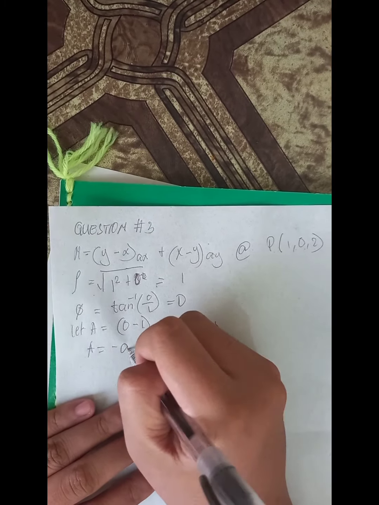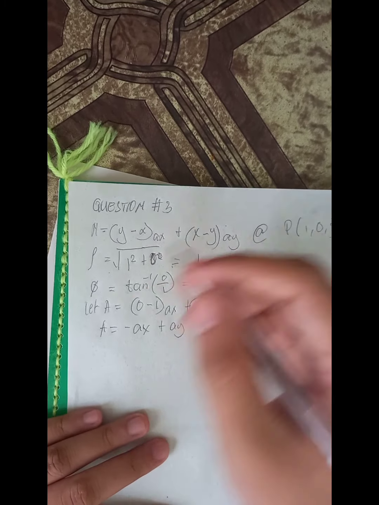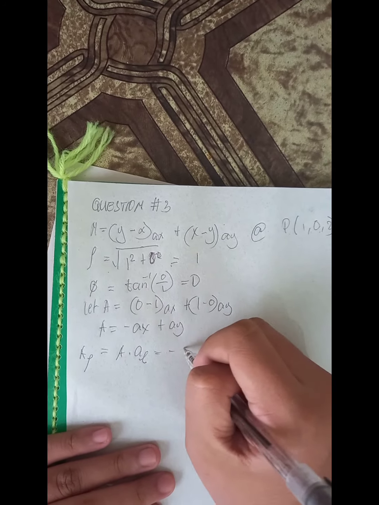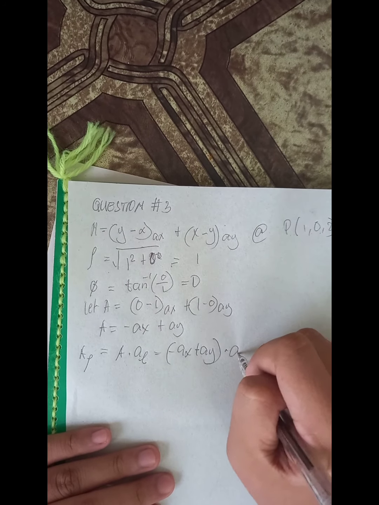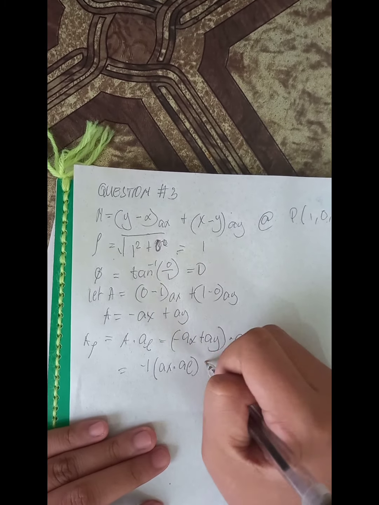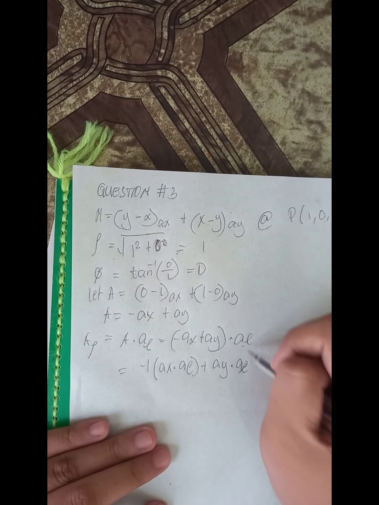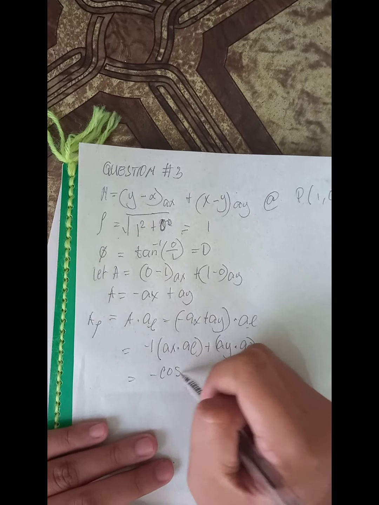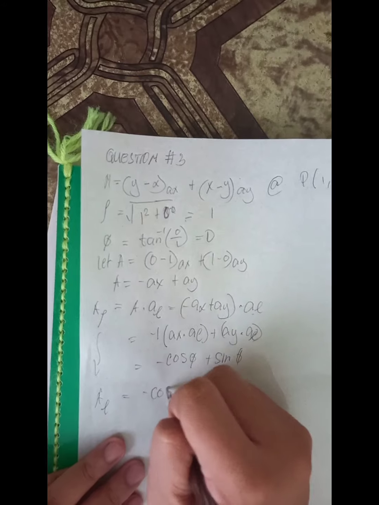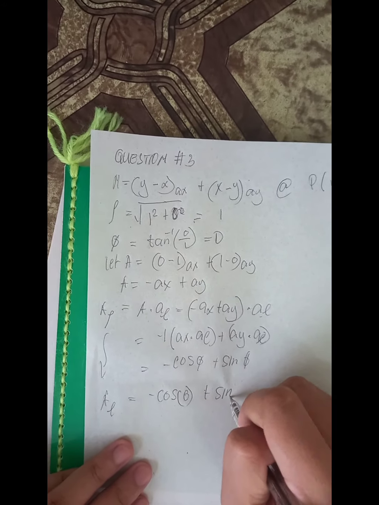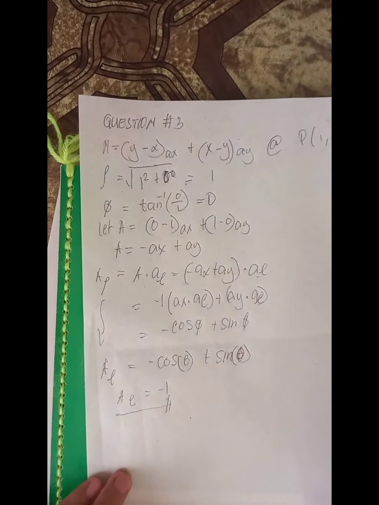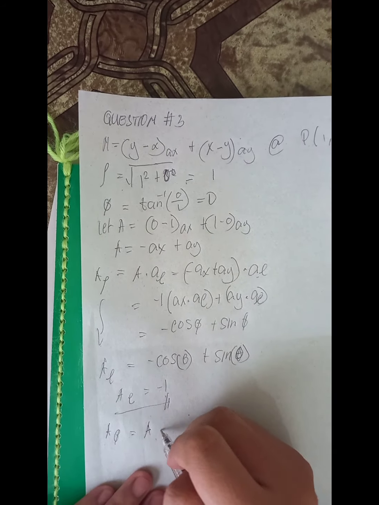We have A equals negative AX plus AY. In A rho, we take A times A rho, equal to negative AX plus AY, where AX times A rho has the value of negative cosine phi and then sine phi. So if we have 0, we have the value of rho of negative 1.